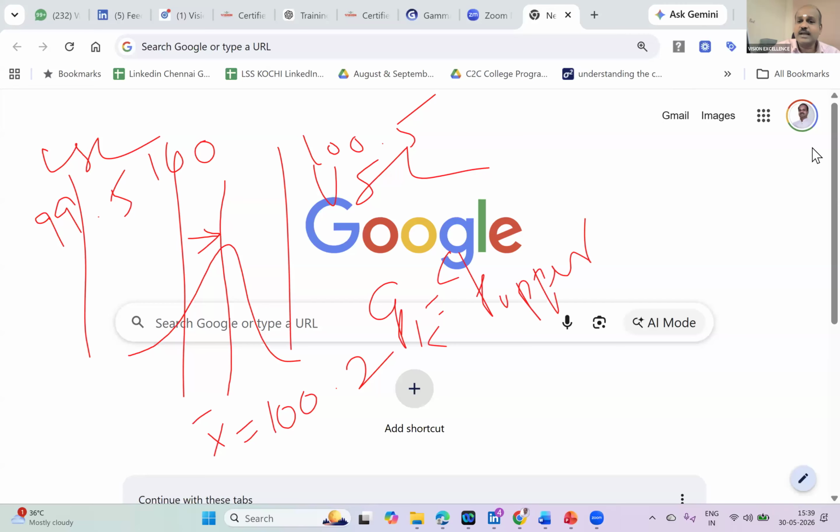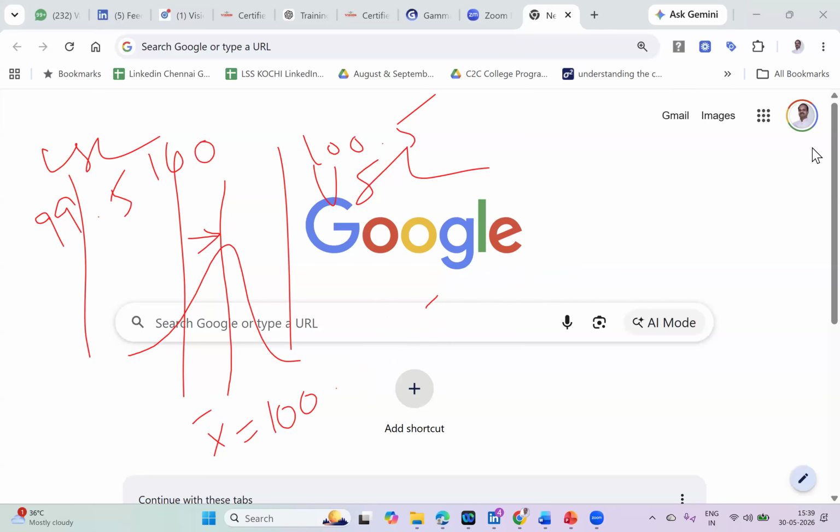And now, how to calculate this CP? Okay, 100.2, right? So how to calculate this CP upper?